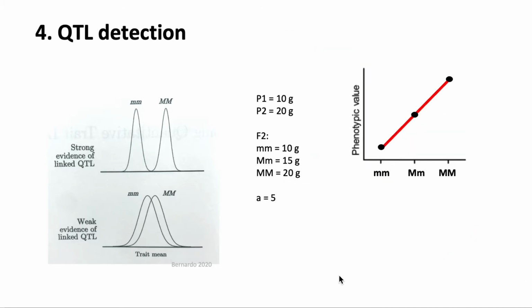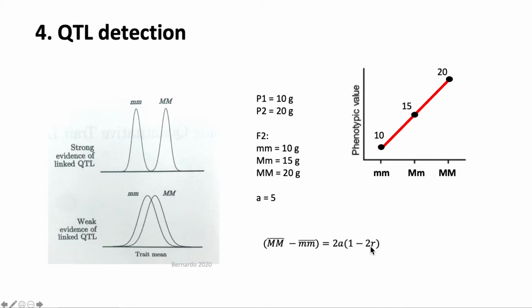Just to give you the same example but with some numbers, here we have the additive effect. Each time the genotype increases by a big M, the phenotype increases by 5 grams. We can use this formula. If the recombination R is equal to 0, that means there is no recombination between the marker and the QTL.